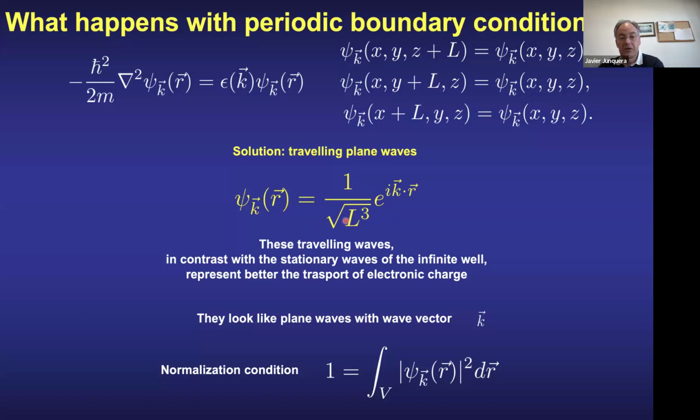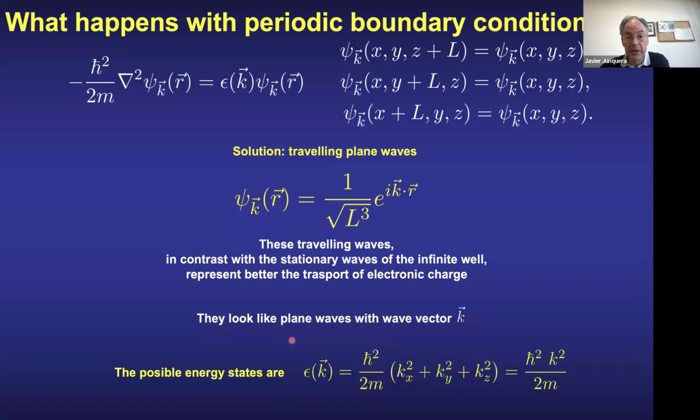These solutions look like plane waves characterized by a wave vector k, normalized to the volume of the von Karman supercell. The corresponding energy takes the shape h bar squared k squared divided by 2m, where k squared is the modulus squared of the wave number k. Okay?